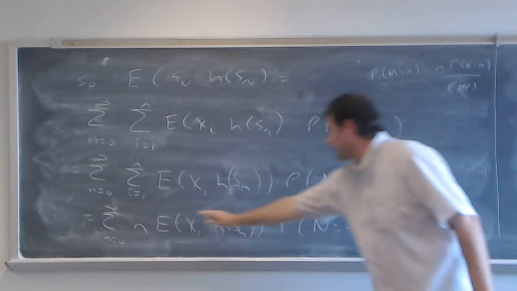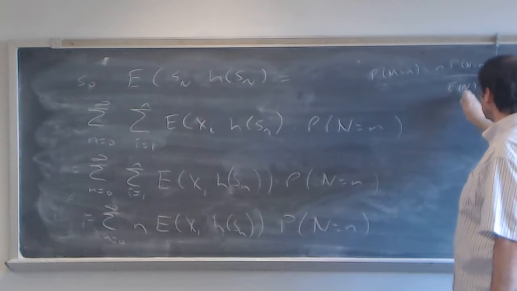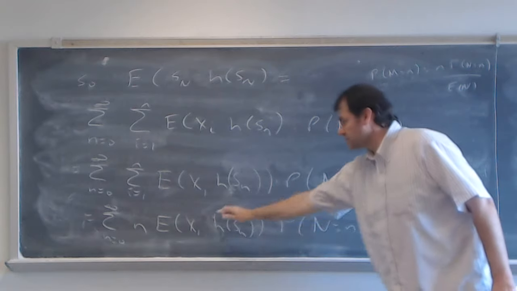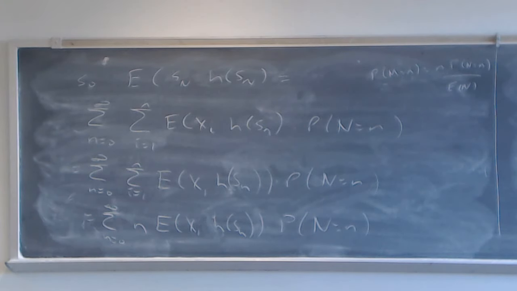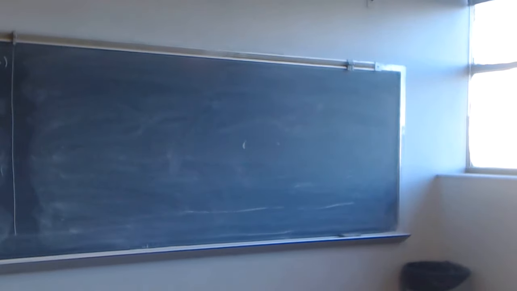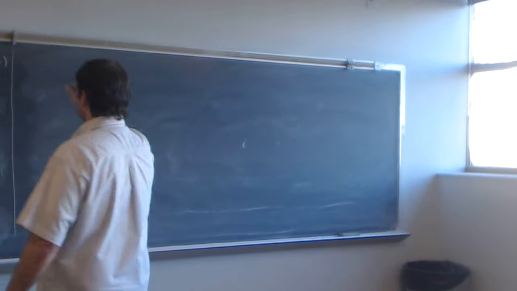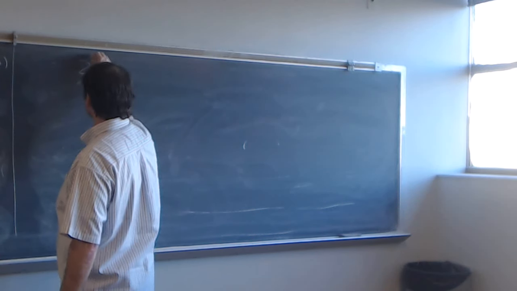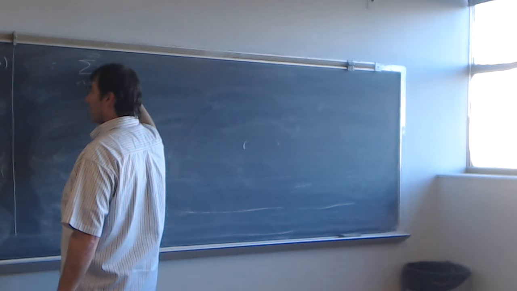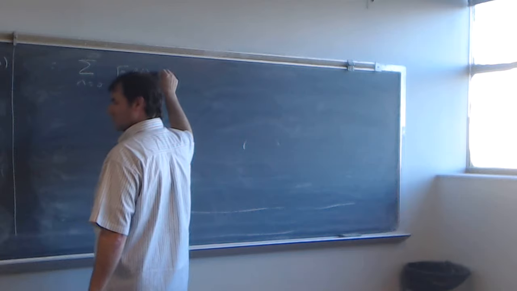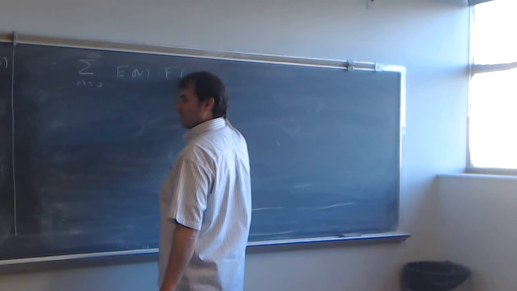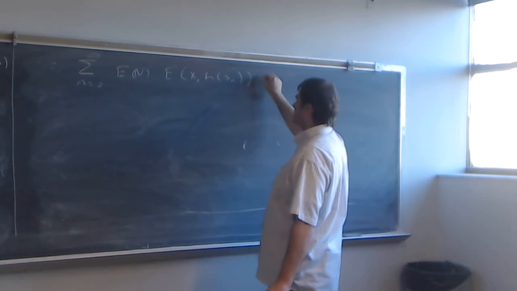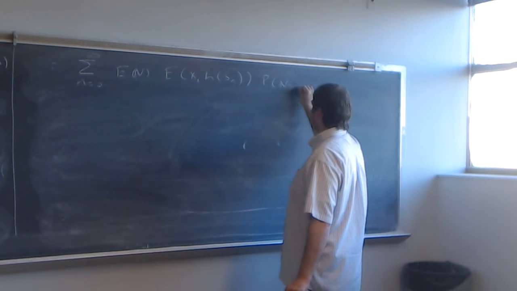And so this means that n times the probability of N equals n is really equal to the probability that M equals n times the expected value of N. And that's what I'm going to do, make a replacement there. So this is equal to the sum as n runs from 0 to infinity of the expected value of N times the expected value of X1 times h of S of n times the probability that N equals n.